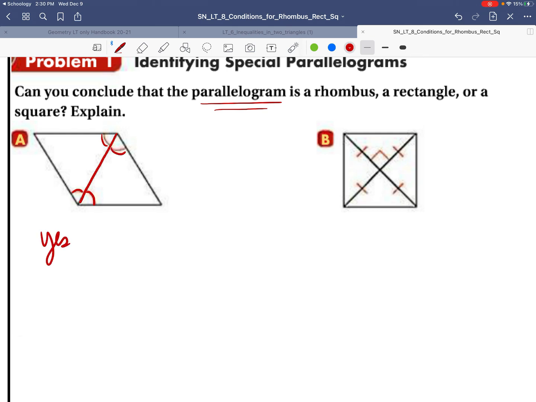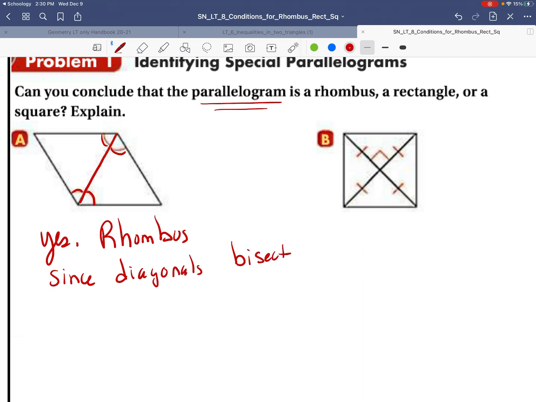So yes, we can conclude that this is a rhombus, since diagonals bisect opposite angles. We know it's a rhombus because we have a diagonal that bisects opposite angles.